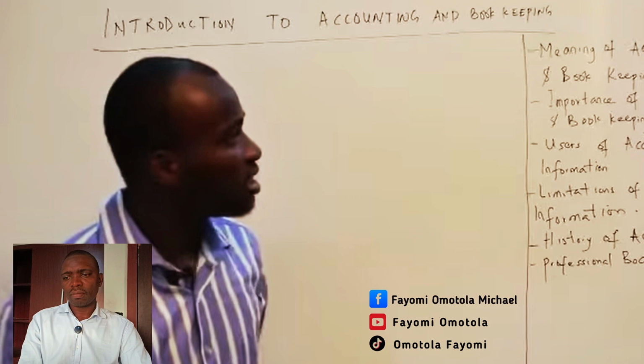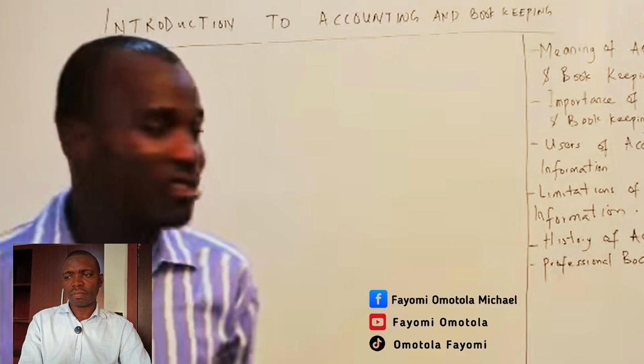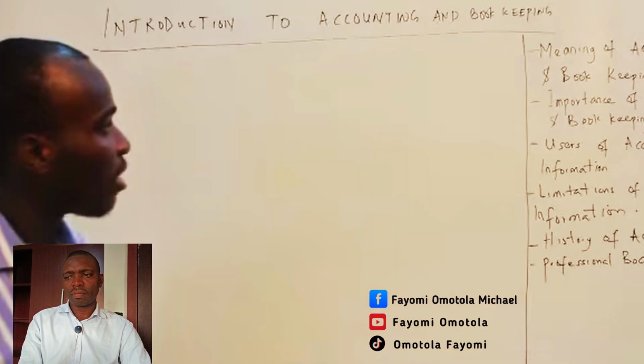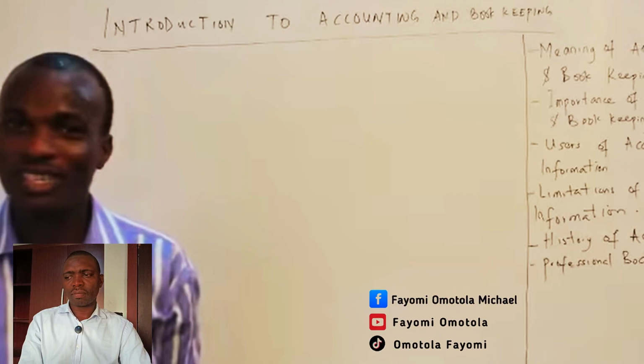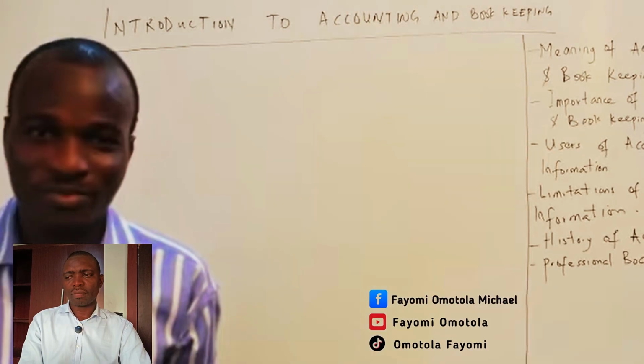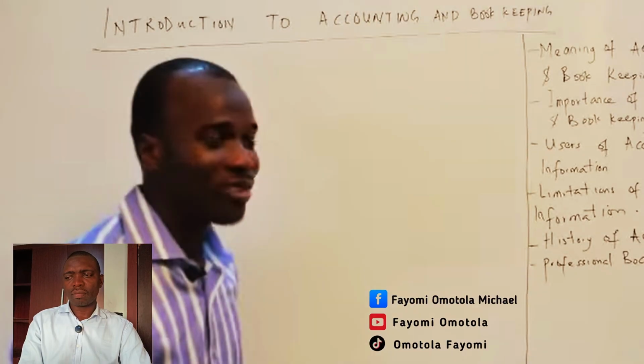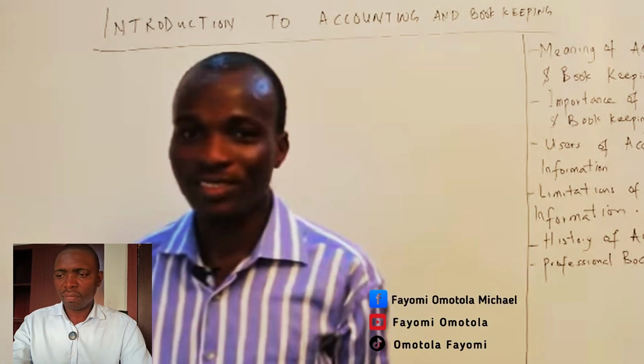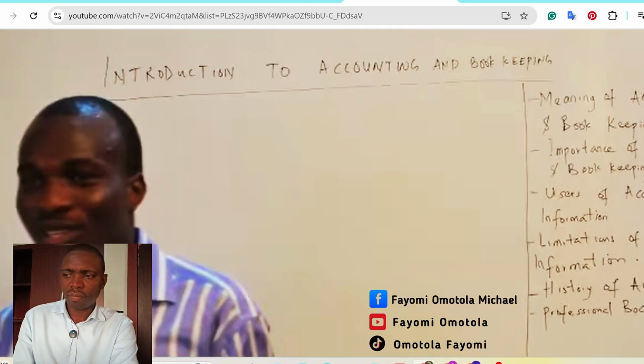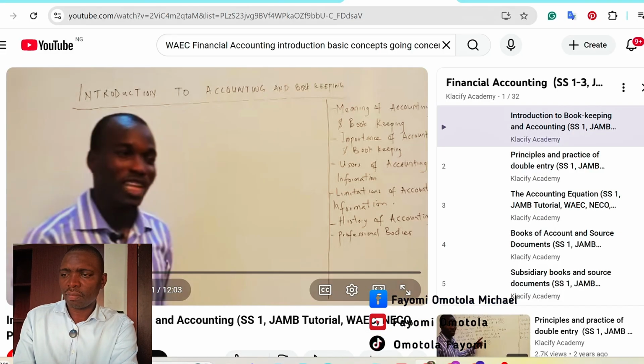The meaning of accounting and bookkeeping should be first in our outline. So let me start with this. Imagine you are the owner of a business. I'm very sure your main purpose is to examine the performance of the business, that is, whether the business is properly run or not, or whether the business is making profit. You can go ahead with it as you visit the complete WAEC study platform to see all these things.